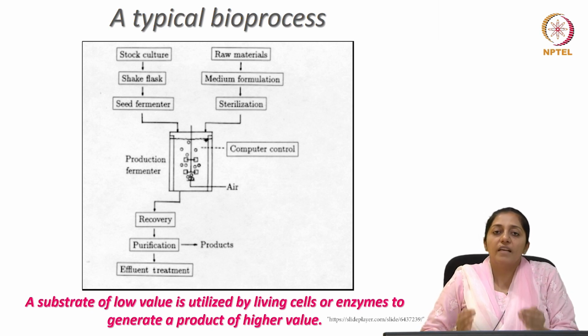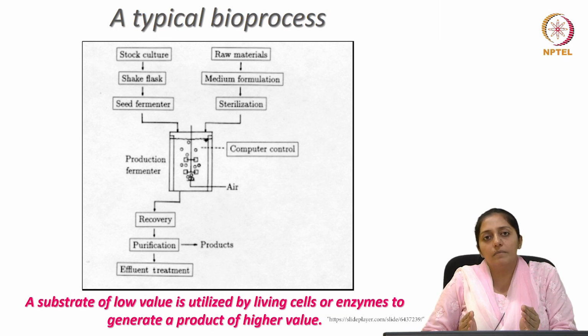Now, the key is that a bioreactor is a controlled system in which only monoseptic operations can be done. So in order to enable monoseptic culture, the media with the substrate has to be sterilized, which means getting rid of any contaminant or other microorganism which can contaminate the production fermenter.